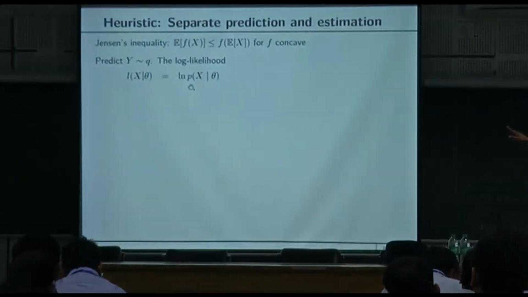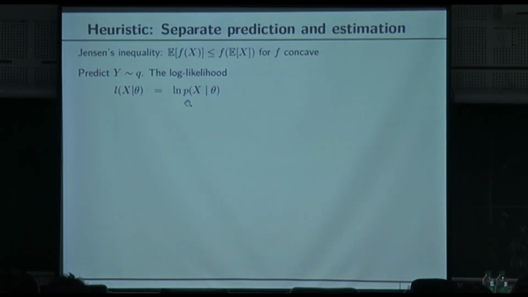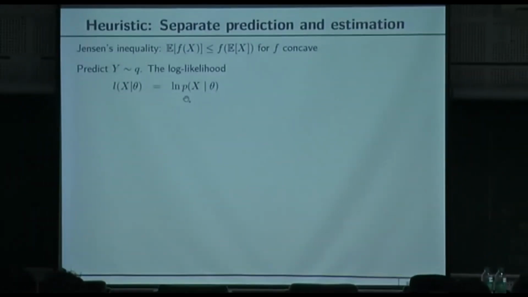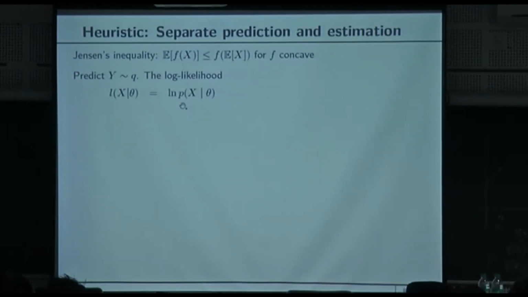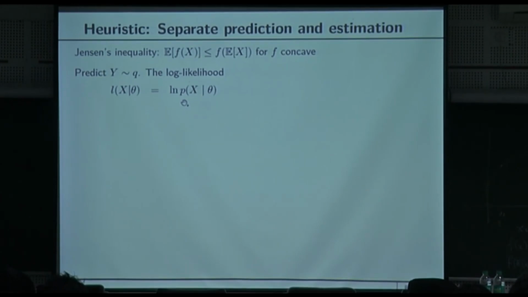So the expected value of f of the random variable x is less than or equal to the function evaluated at the expected value. One thing to keep in mind, this is actually worth keeping in mind. When you have a function which is concave, removing randomness is good for you. So I have two possibilities. Either I have a random variable x, or I have the choice of choosing its mean value.